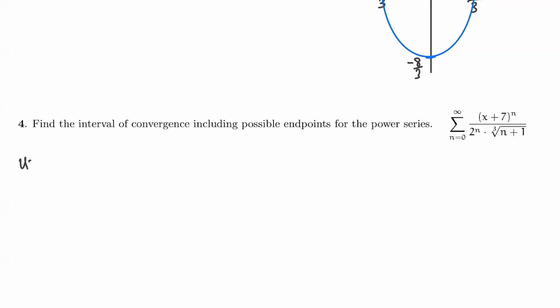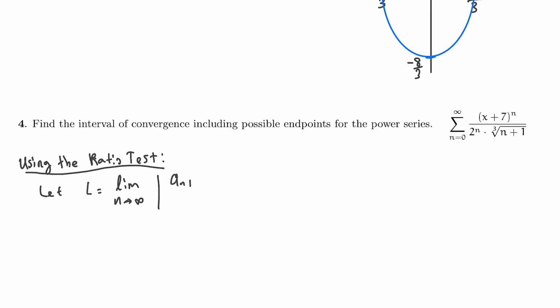So using the ratio test, we apply the following limit. So let L be equal to the limit as n tends to infinity of the absolute value of a sub n plus 1 over a sub n.